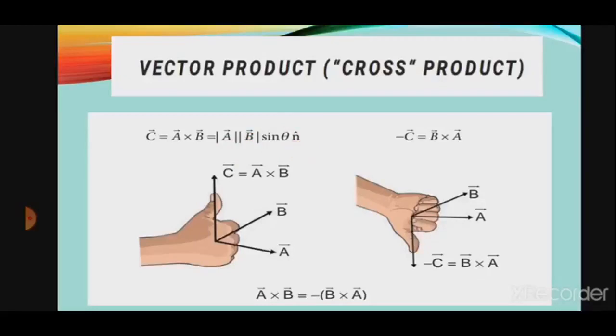According to the right hand rule, listen students, for the definition you can refer to your book.